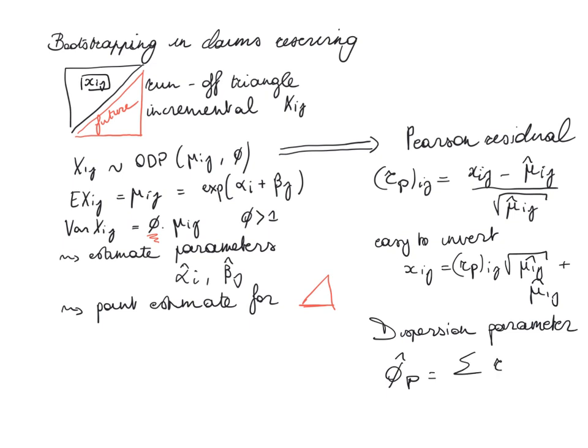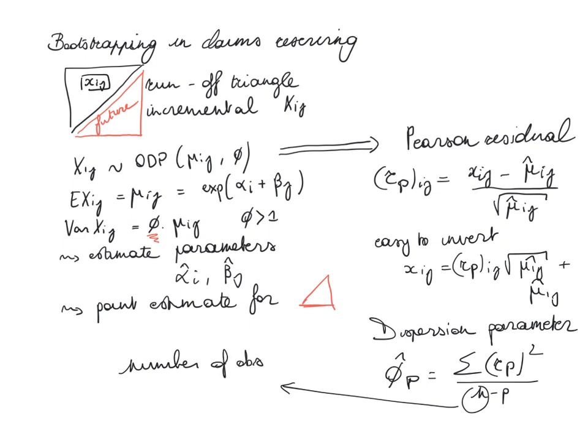So we take the Pearson residuals, square them, sum them over all the cells in the upper triangle, and divide by n minus p, where n is the number of observations, that is the number of cells in the upper triangle, and p is the number of parameters used. In this case that is how many alphas and how many betas you need to estimate. So the essential thing is I've got this dispersion parameter, I can work with this. Okay, so that's a given.